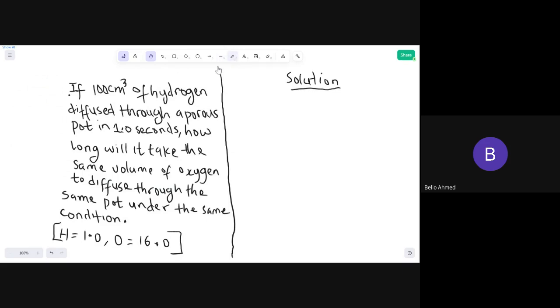Graham's law of diffusion states that at constant temperature and pressure, the rate of diffusion, let's say of gas 1 is R1, is inversely proportional to the square root of its relative molecular mass.